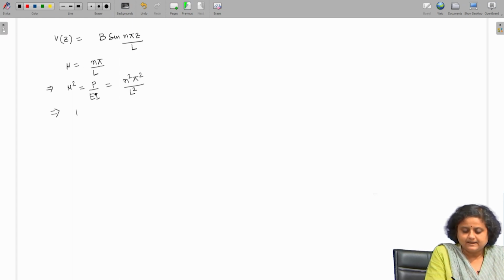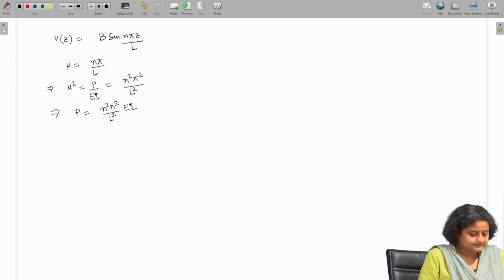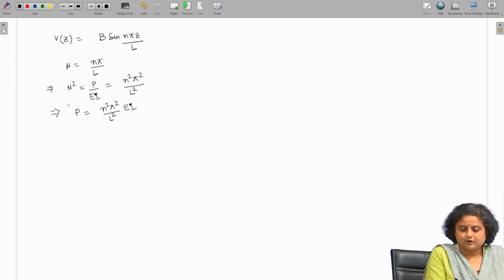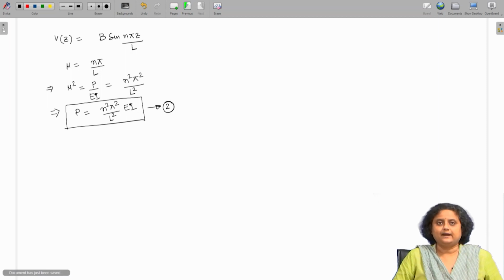Therefore, P equals n square pi square by L square into EI. So, this is the solution for P that we get. This is a feasible solution of P.